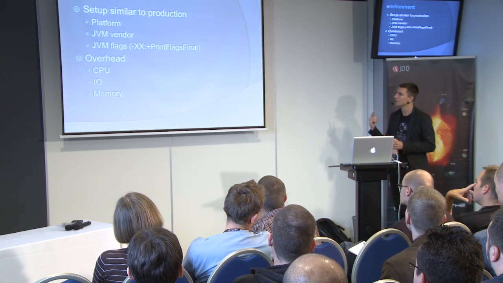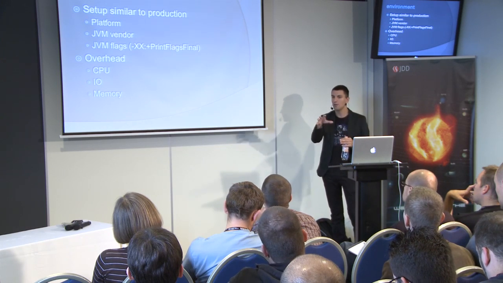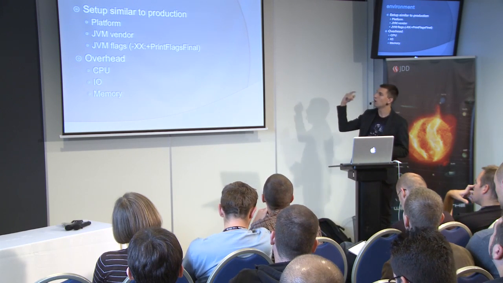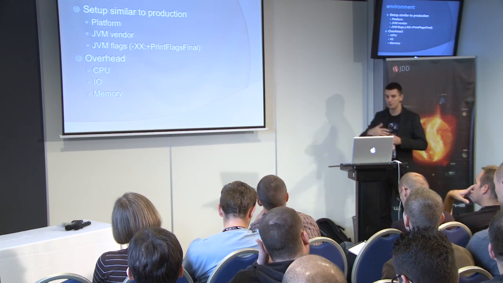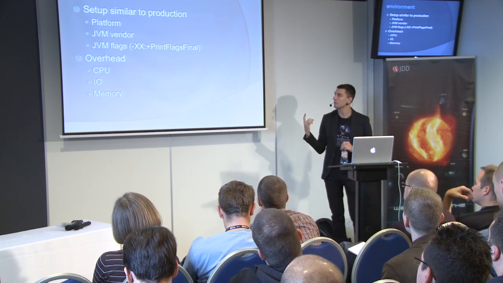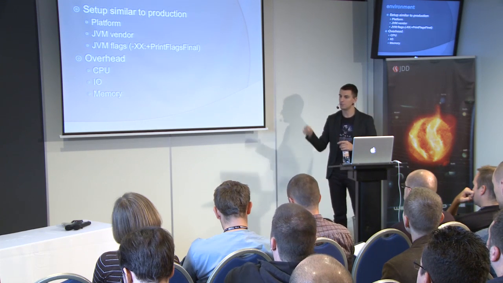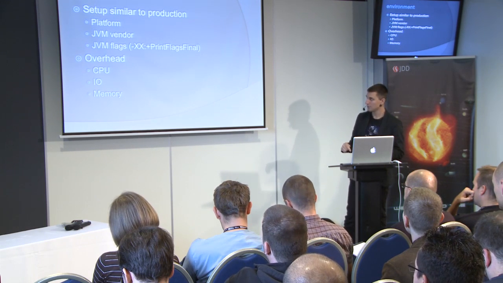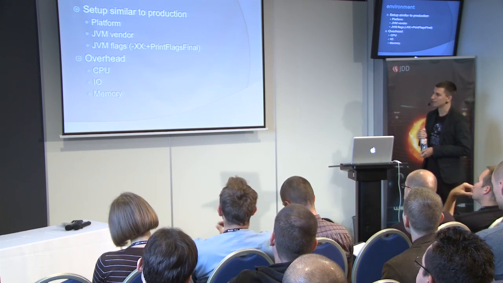It shows not only these flags we have manually set up, but all flags and all switches for the whole JVM. So it's very useful to determine what is the actual behavior in that particular version of the JVM. And environment overhead.